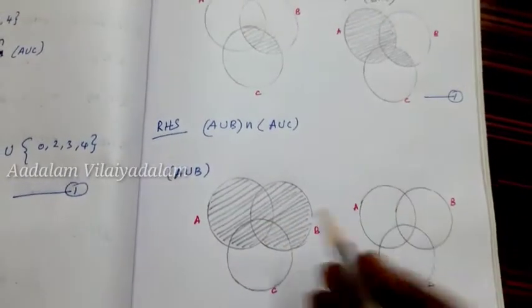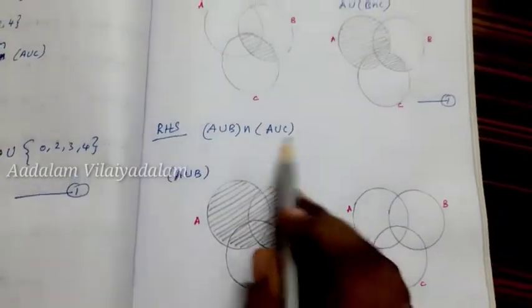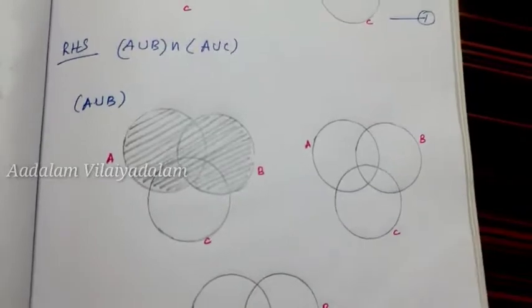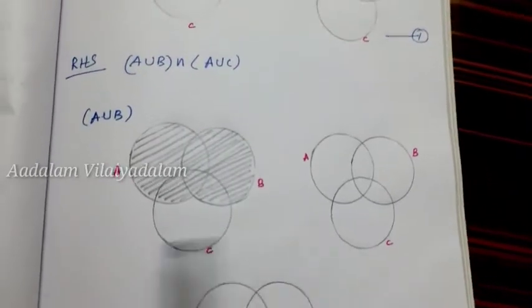Now we need to find A union C. So how do we need to find A union C?